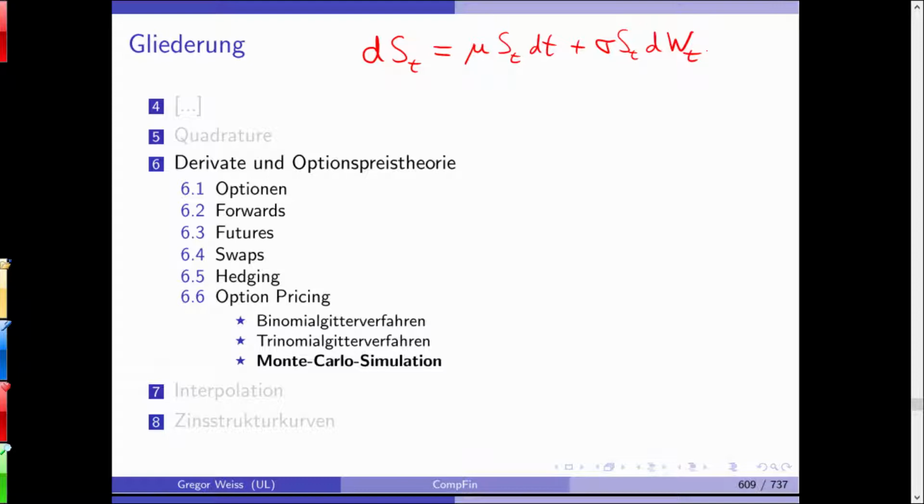And usually whether we can solve the Black-Scholes differential equation depends on whether the payout just depends on the stock price at this point, S_T, or whether, for example, it is the maximum or the minimum, or the average of all stock prices in between. Now, what can you do? Monte Carlo simulation.